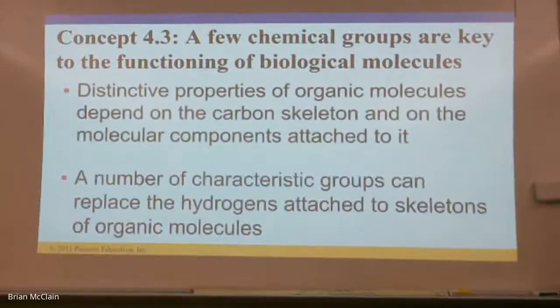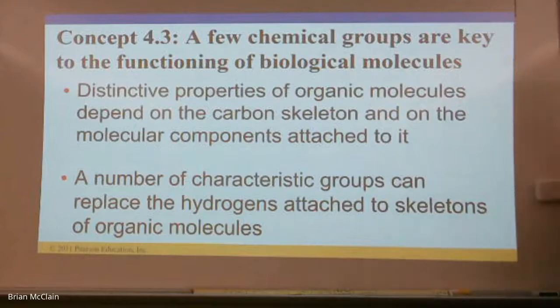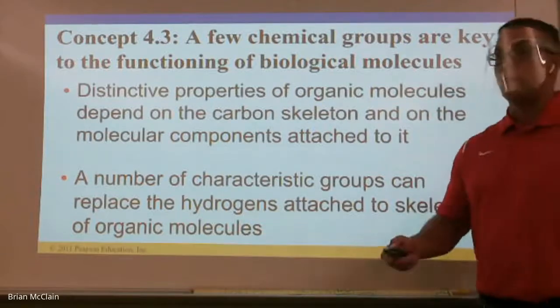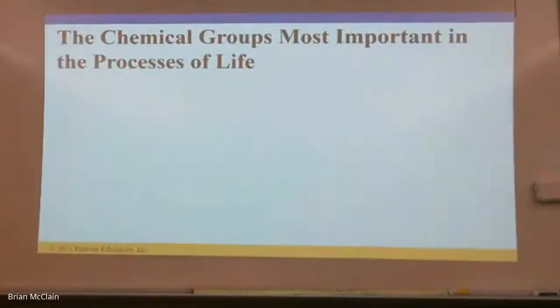All right, so they definitely give properties that are distinct to the different organic molecules, and they're going to have predictable characteristics that we're going to be able to go through. So that's going to help us have a better overall understanding of what the properties of that larger molecule are going to be.